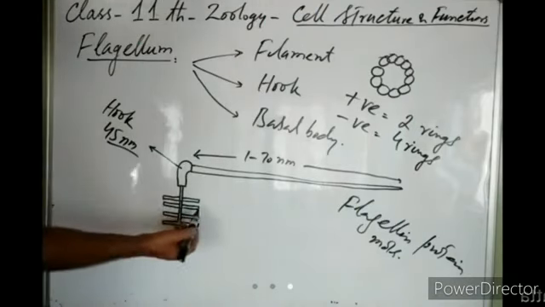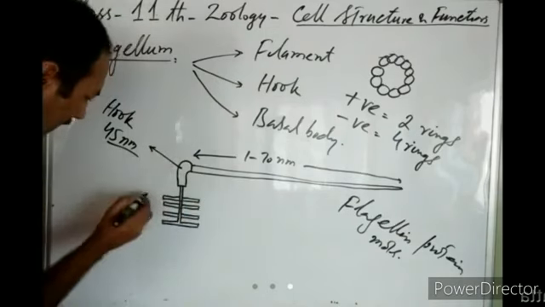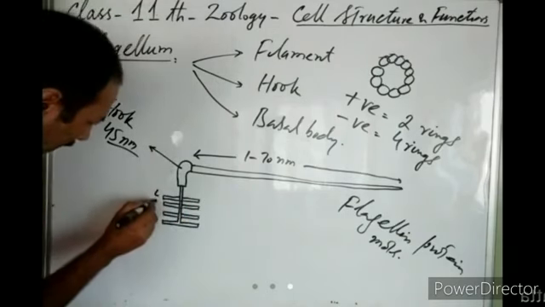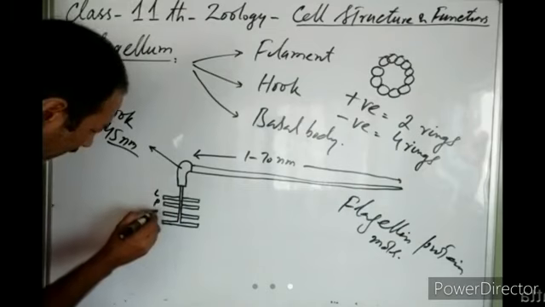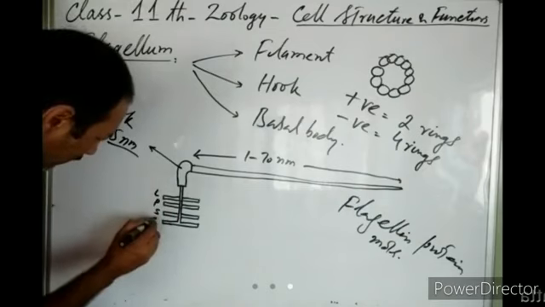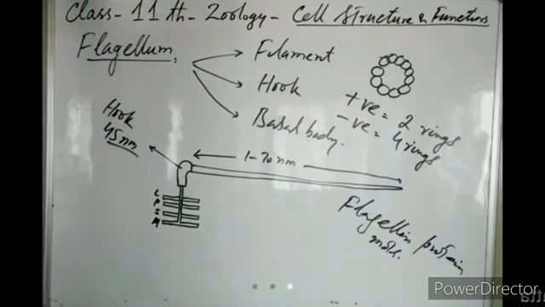It has 4 rings. One ring is known as the L ring, another is the P ring, another is the S ring, and another is the M ring.